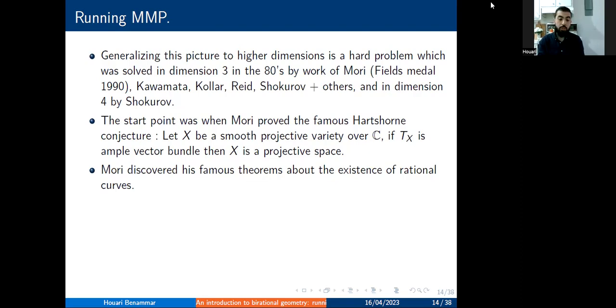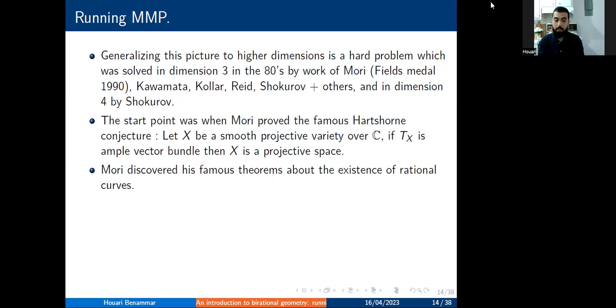So what is this conjecture? The statement is very basic. If X is a smooth projective variety over C, so over the complex numbers, and if the tangent bundle is ample, then Hartshorne said that X should be a projective space. So what does it mean, an ample vector bundle?